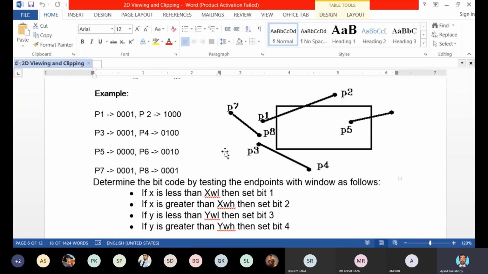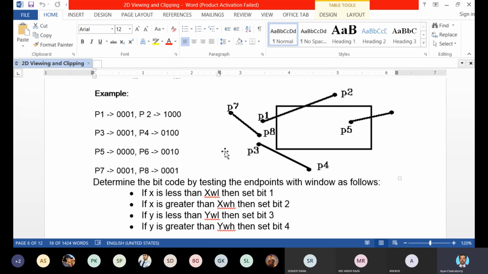You can see there is a rectangular clipping area. As you can see in the right side image, there is a rectangular clipping area and 4 lines: P1, P2, P3, P4, P5, P6, P7, P8.